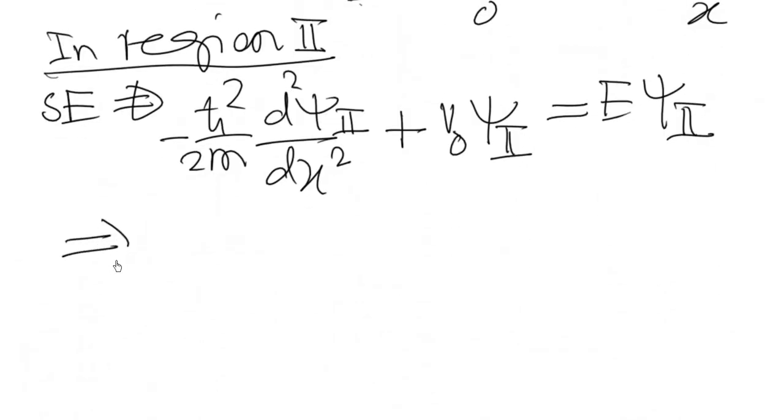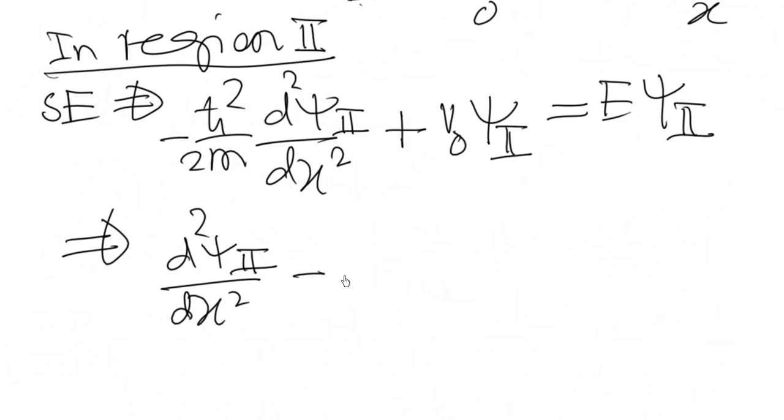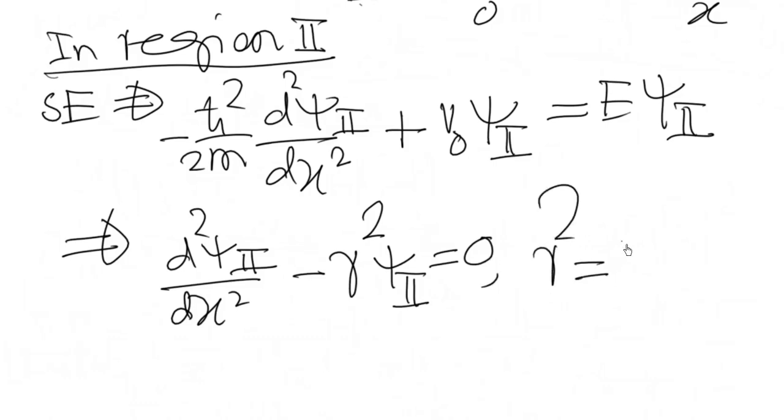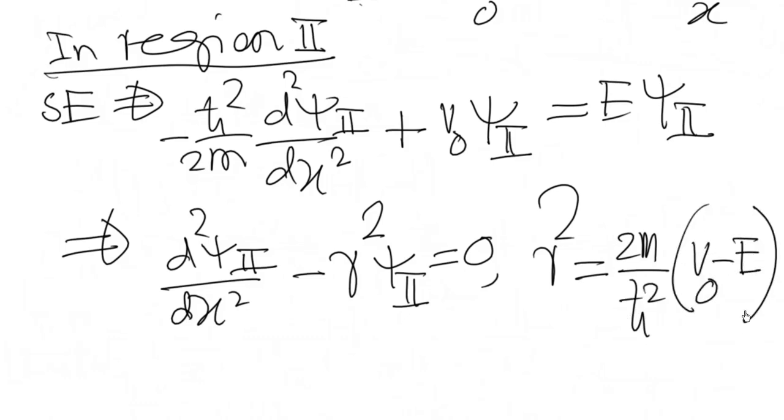Now this equation can be written as d square psi2 by dx square minus gamma square psi2 equal to 0, where gamma square equal to twice m by h bar squared times V naught minus E, because V naught is greater than E. So to make this quantity positive we have put the minus sign.